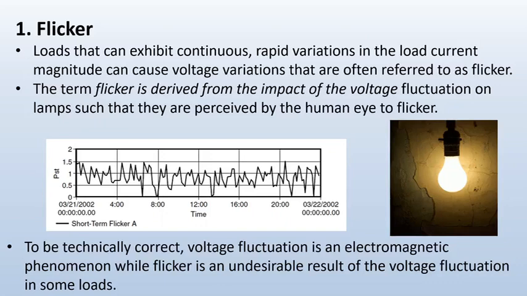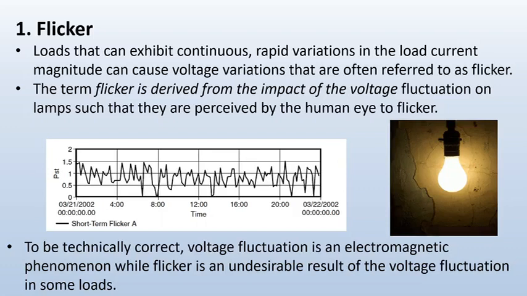Flickers are basically the impact of voltage variation which is caused due to certain loads in a power system. Those loads are taking a current which varies continuously and rapidly. Means these loads take a current which is very fluctuating in nature, and due to that fluctuating current, of course the terminal voltage across that load also varies.